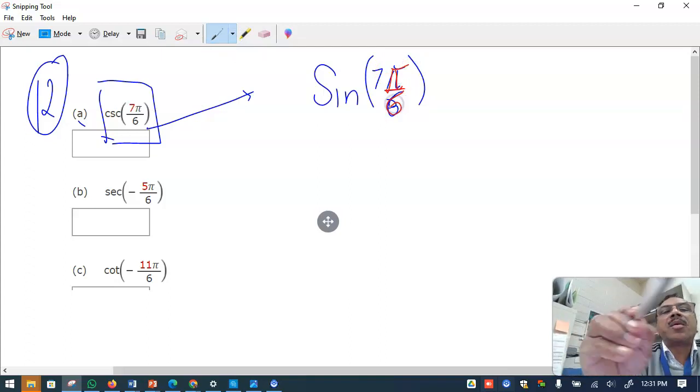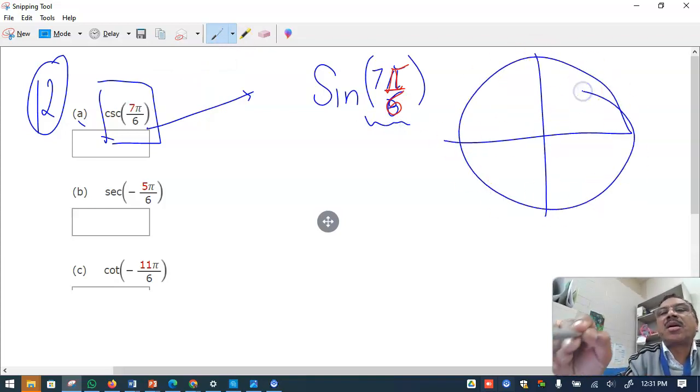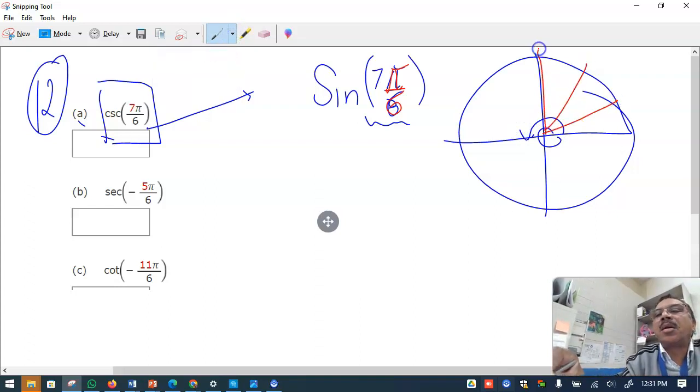All you need to know is which quadrant is the whole angle 7 pi by 6. If this is the unit circle, all around is 12, and halfway down is 6 pi by 6. So 7 pi by 6 is right here.